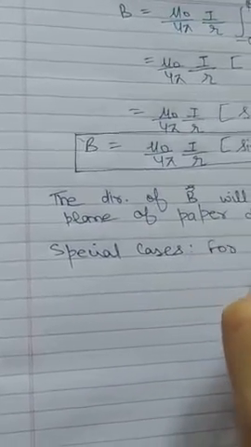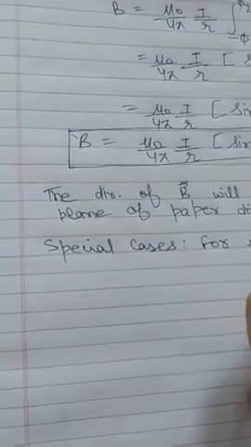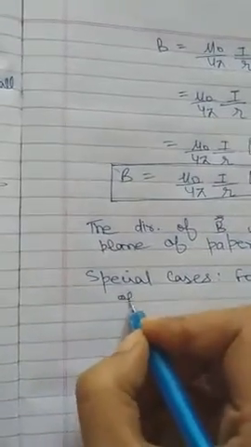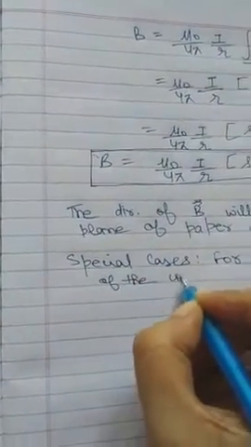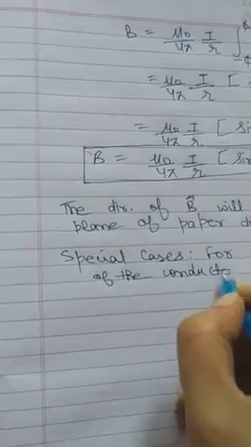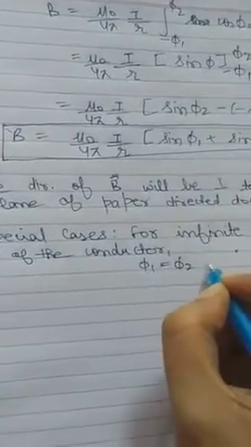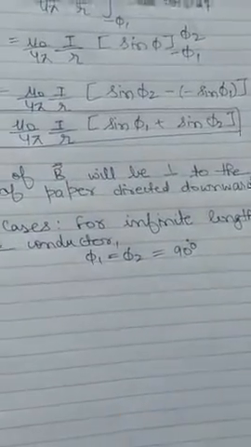First, for infinite length of the conductor, phi 1 will be equal to phi 2 will be equal to 90 degree.